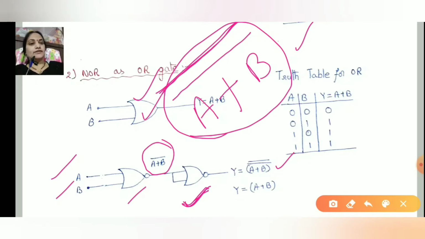Again you have to use Boolean algebra. According to Boolean algebra, the double complement of a variable is equal to that variable only. That is why we got a plus b here.